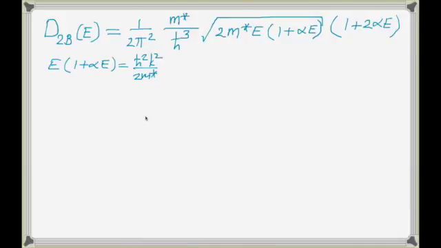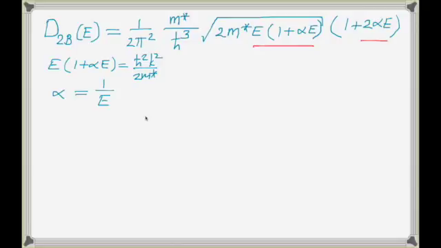I guess remember where alpha comes from and how alpha scales. Alpha is like 1 over the band gap. So if I look over here at my density of states term, I have this thing in the square root, which is the energy dependence. And then I have another energy dependence out here that's outside the square root.